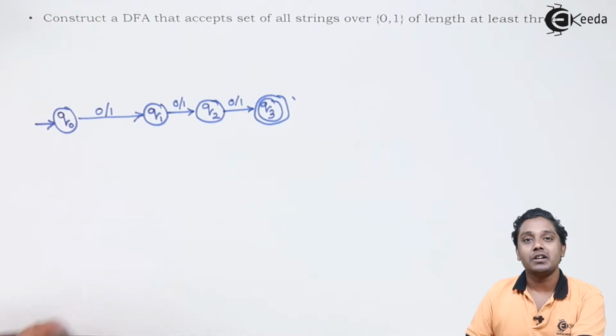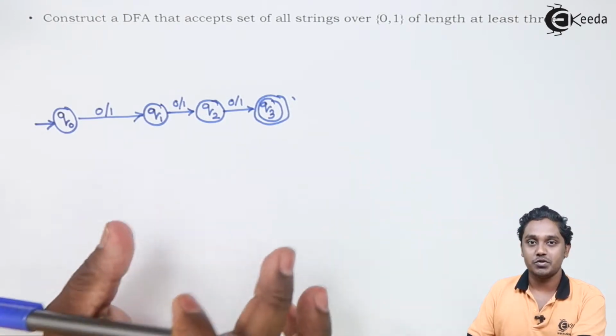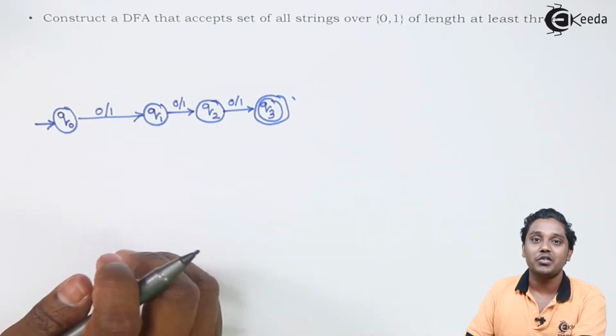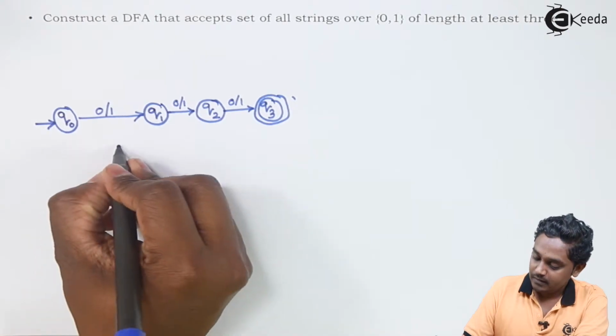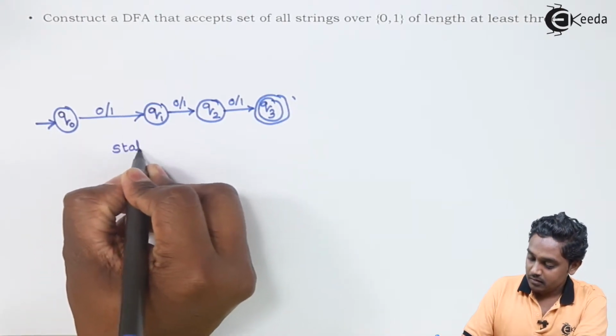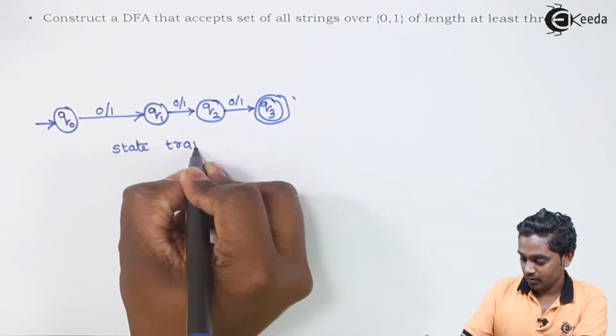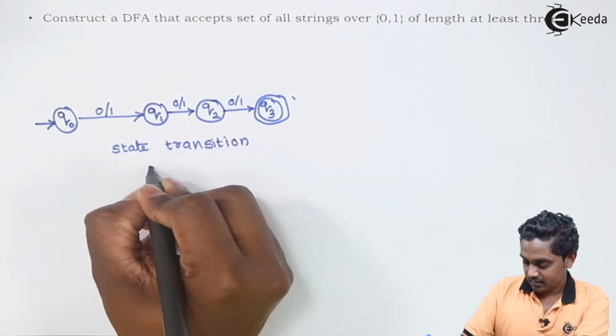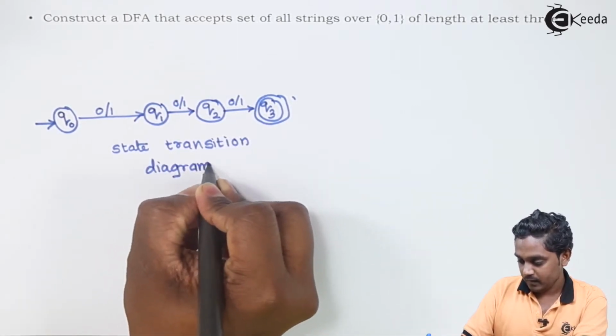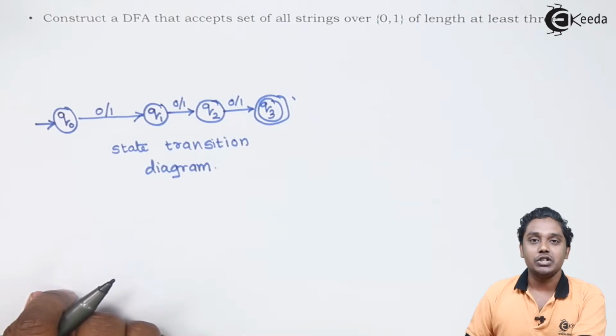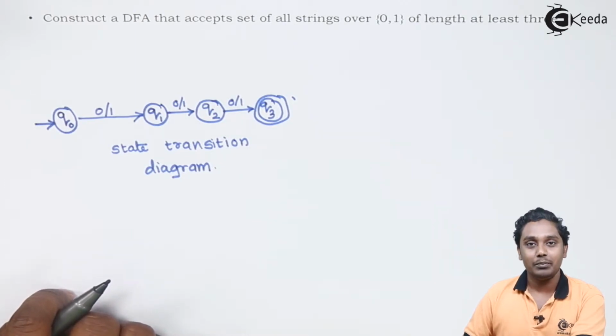Now, the input starts from the initial state. How is the initial state designated in a state diagram? The diagram which I have shown now is called the state transition diagram. The initial state is shown using an arrow which is coming from nowhere. Now, the input symbol that we apply starts from Q0.